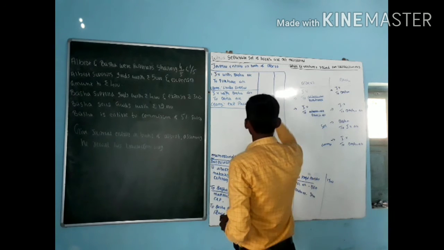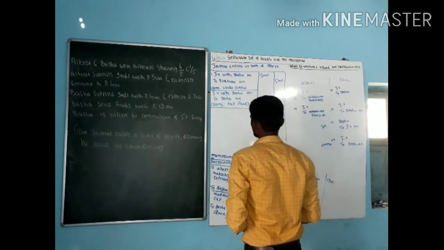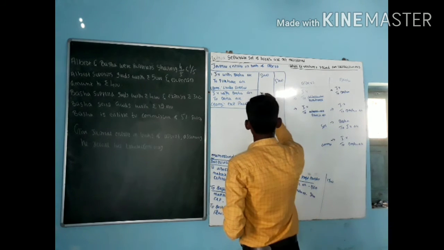Which goods supplied, that is 5,000. Then come to Basha, that is expenses 400.